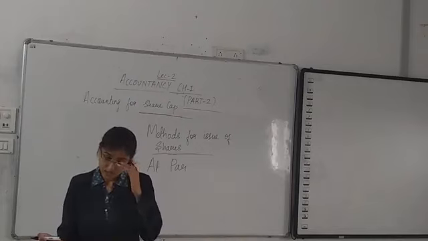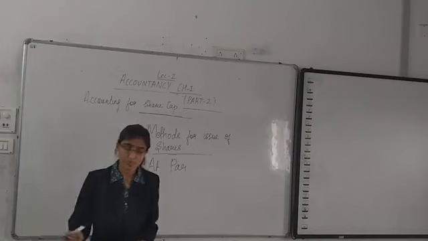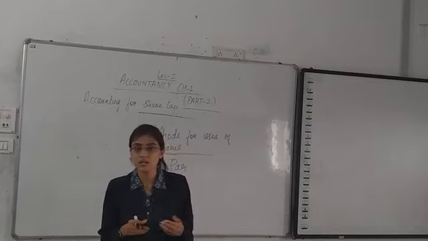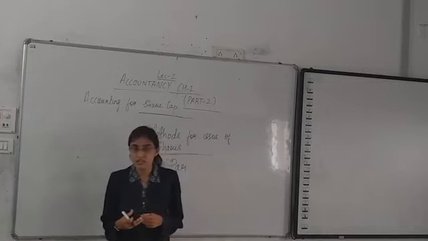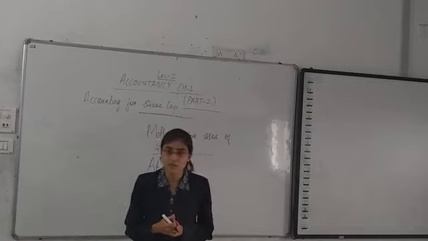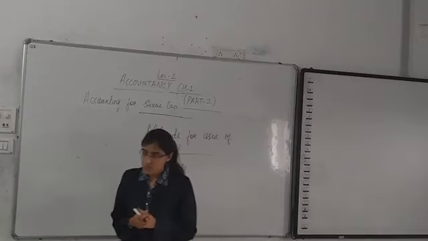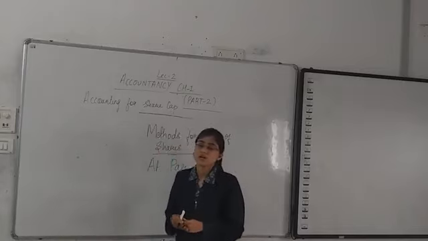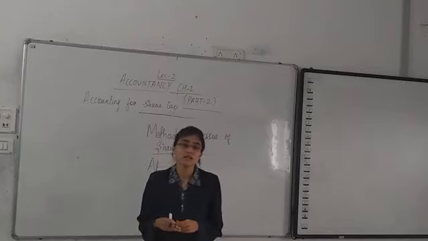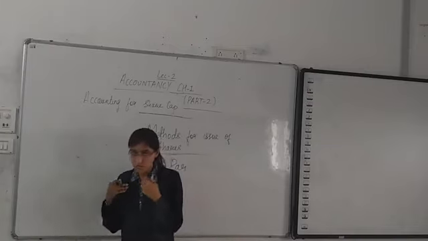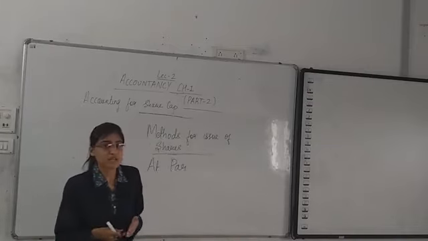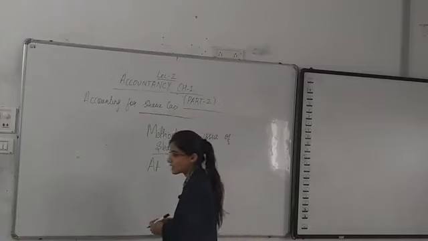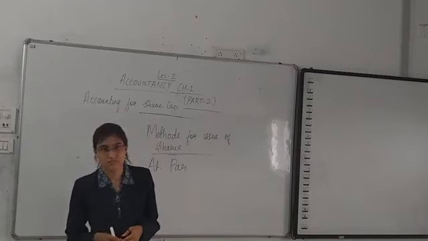So, the last topic was classification of share capital. Before that, we have understood the meaning of share, what actually a share is, and the types of share capital. We have also understood how the amount of a share is collected. It is collected in installments: application, allotment, first call, and final call.